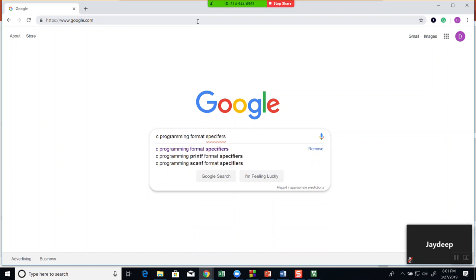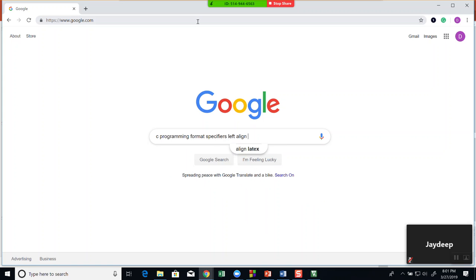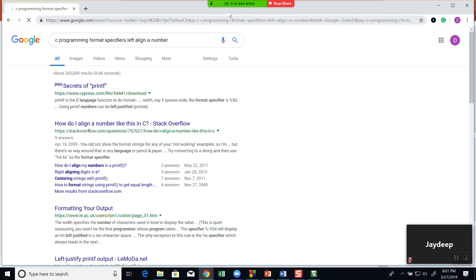Assuming I can spell. And I want to know how to left align a number. Had to pick the appropriate one. But here it says the specifier %-10d will display an integer left justified in a 10 character space.